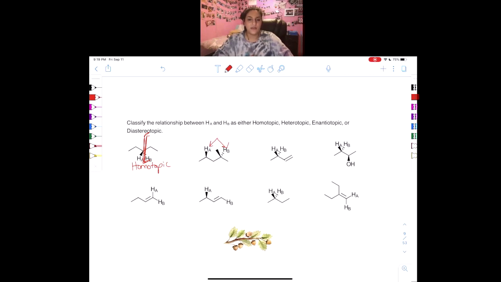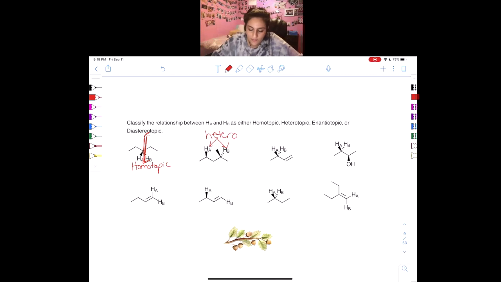The relationship between those two is going to be heterotopic and nothing else. And the reason for that is you have two completely different hydrogens on completely different carbons. HA is on a carbon that's attached to 2 carbons and 1 hydrogen, and HB is attached to a carbon that is attached to 3 other carbons, completely different.